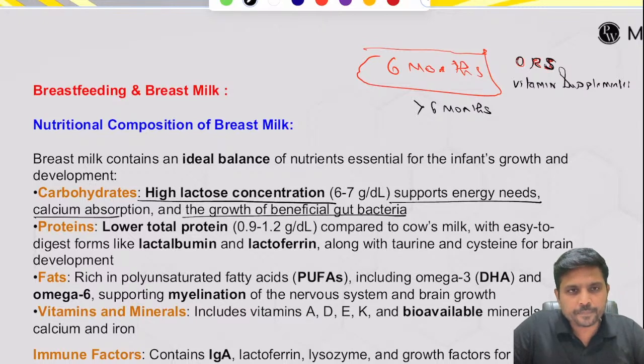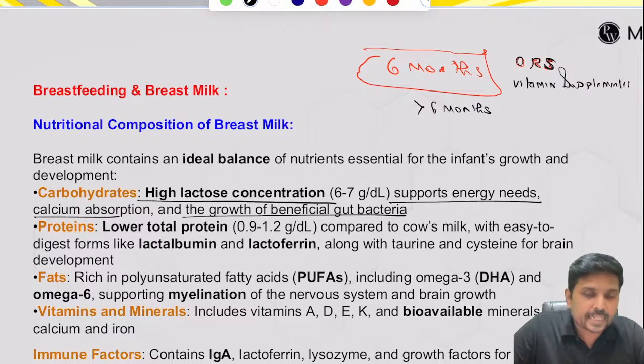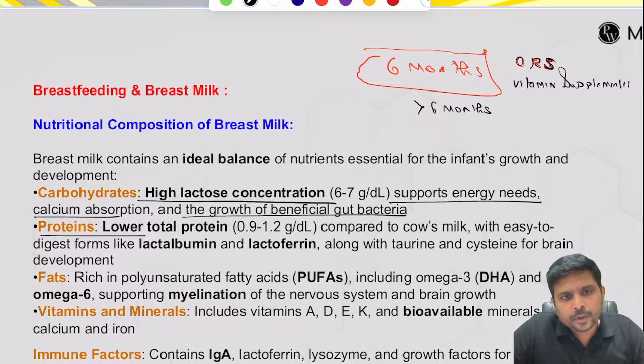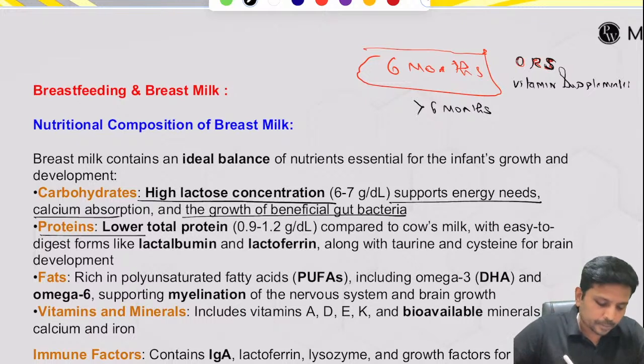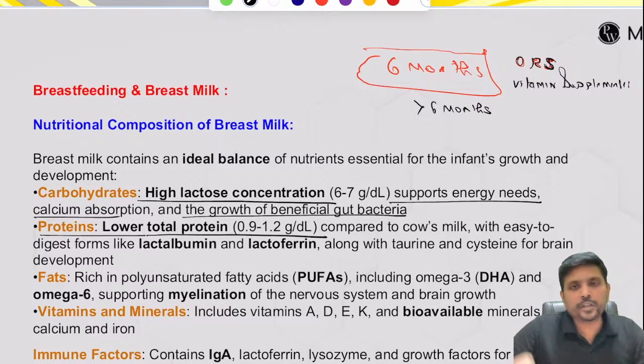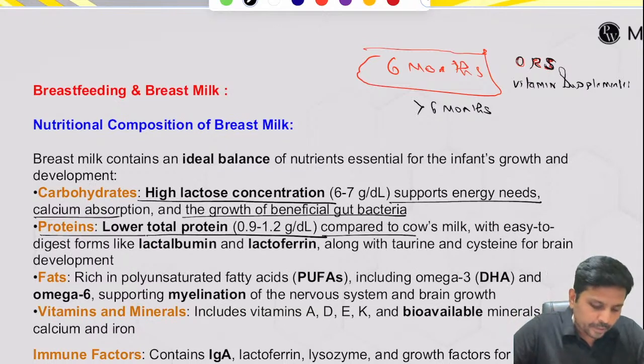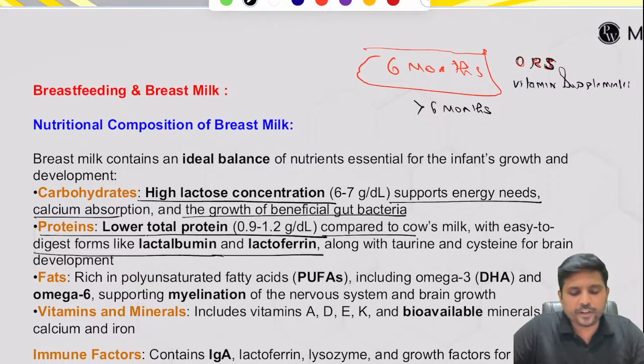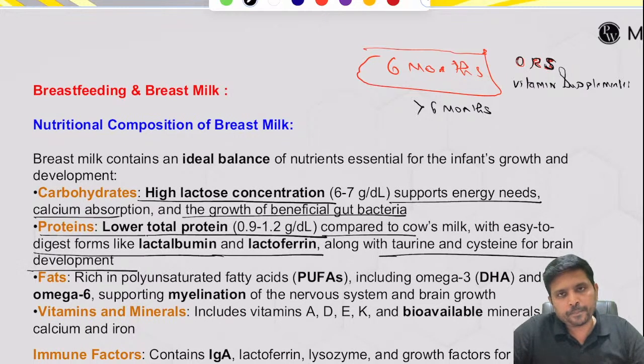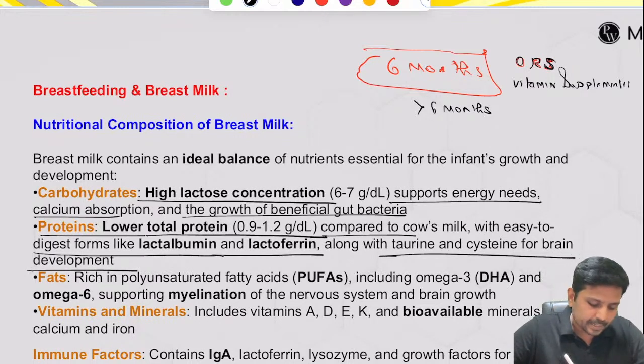So high carbohydrate, high lactose, easily digestible sugar with respect to breast milk, whereas cow milk contains more proteins compared to breast milk. Breast milk has low total protein compared to cow milk, and easily digestible lactalbumin and lactoferrin, along with taurine and cysteine for brain development, whereas fat remains the same.